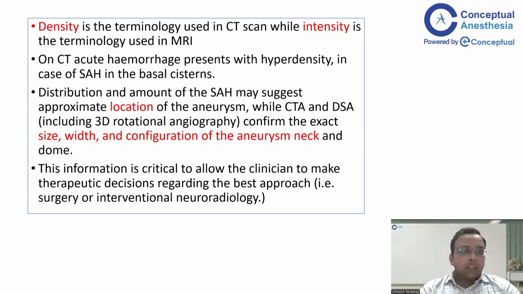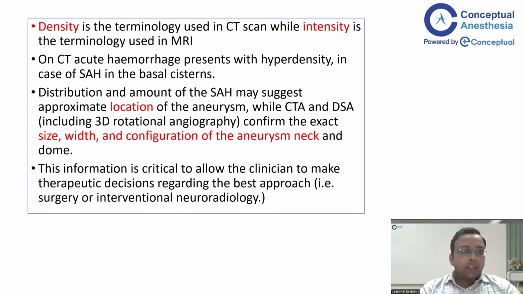So, distribution and the amount of SAH may suggest the approximate location of the aneurysm, while the CT angiography and the DSA, which include the 3D rotational angiography, confirm the exact size, width, and configuration of the aneurysm neck and the dome.